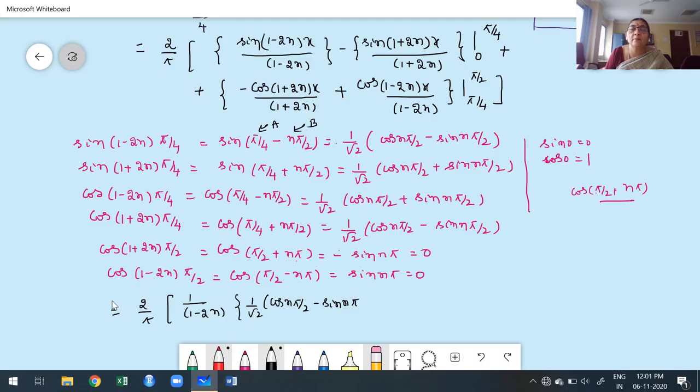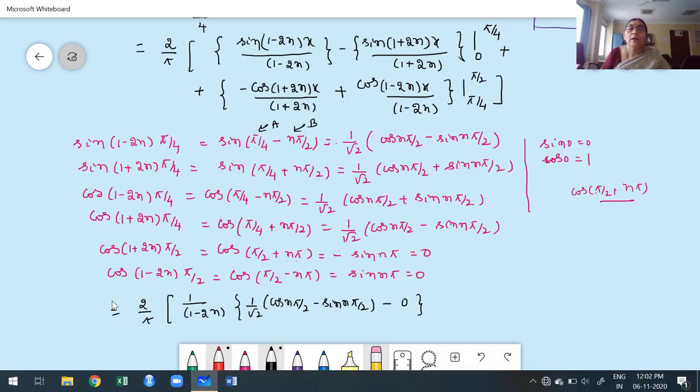You can't cancel any sin or cos comfortably because none of the functions is equal to 0 for both upper and lower limit. At least it's not equal to 0, maybe for the upper limit, maybe the lower limit. Suppose it's 0 for both upper and lower limit, we neglect that term. Minus lower limit. What is my lower limit here? 0. What is sin 0? 0.